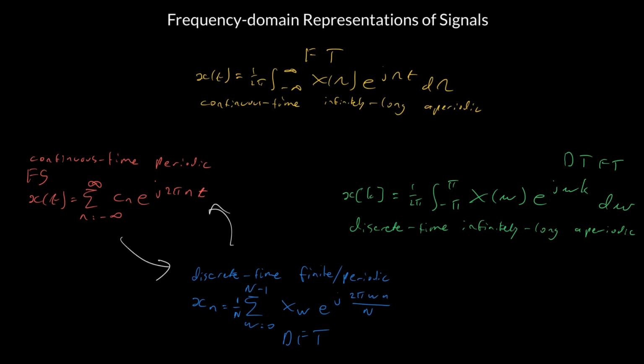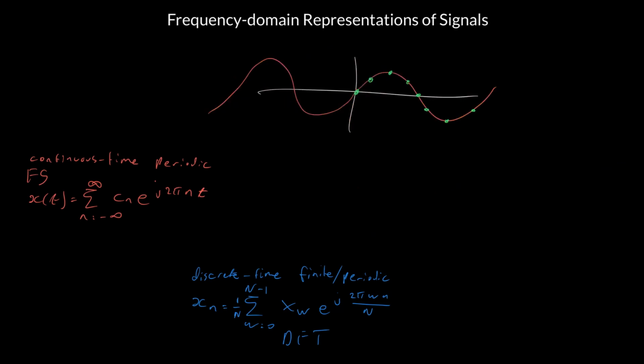Not surprisingly then, if we want to understand about going from the Fourier series to the DFT and back again, well, this concerns sampling in time, and so expect exactly the same comments as when going from the Fourier transform to the discrete-time Fourier transform.